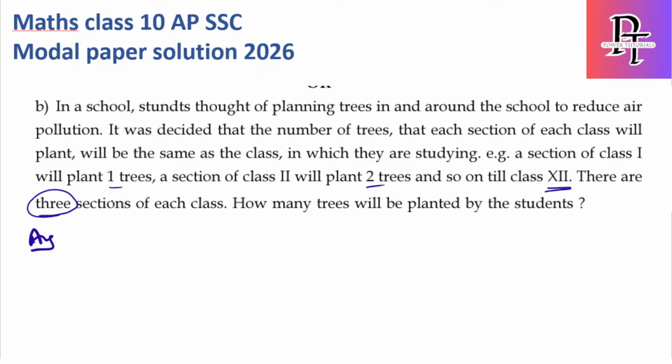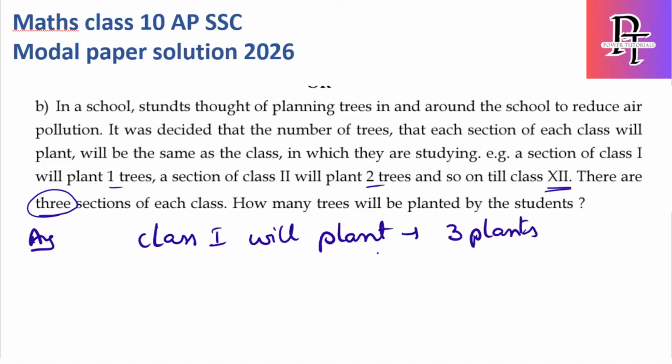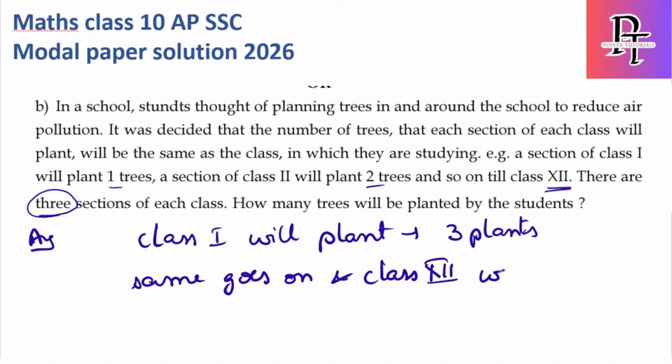So class 1 will have 3 sections. I mean, from class 1, how many plants will be planted? 3 plants. Why? Because we have 3 sections. Same goes on, and class 12 will plant 12 into 3, how much? 12 threes are 36.